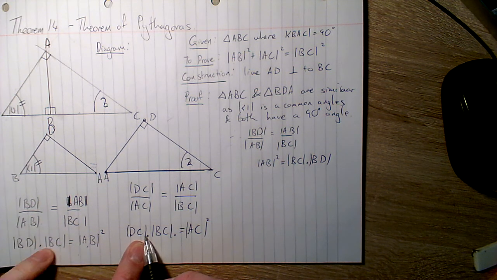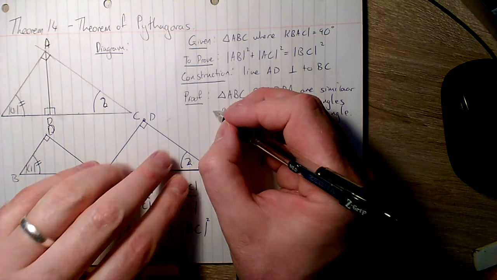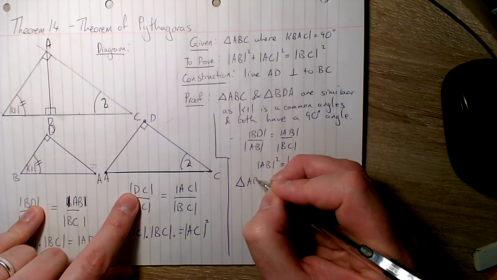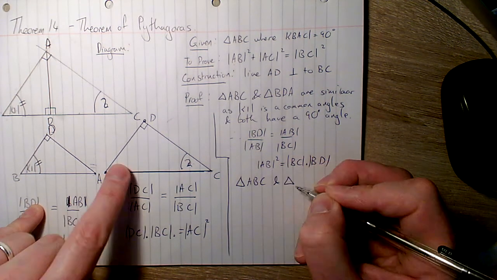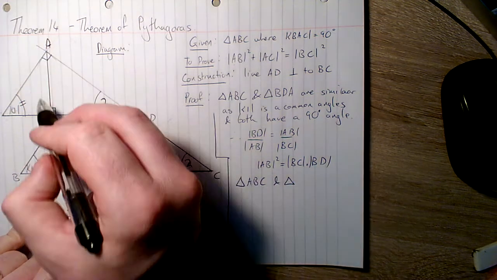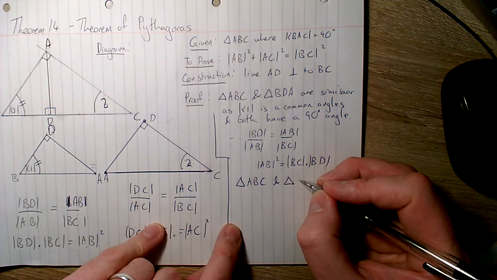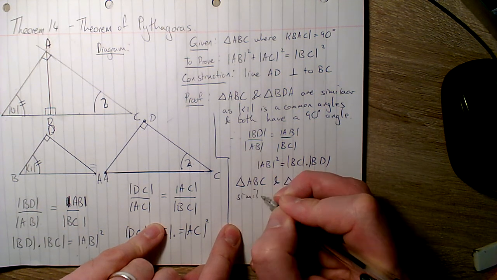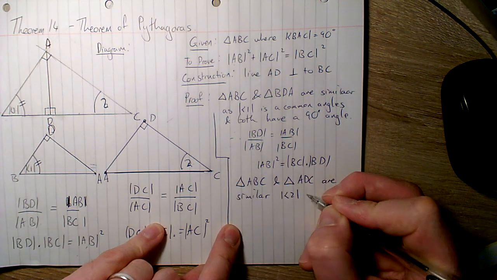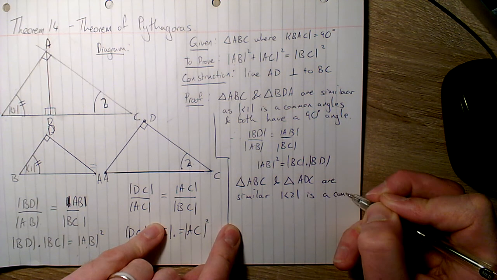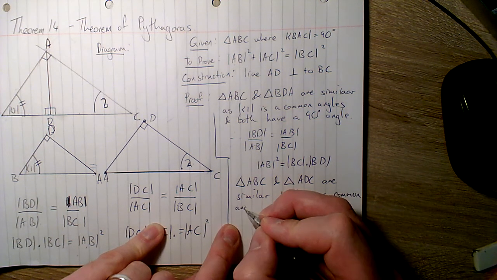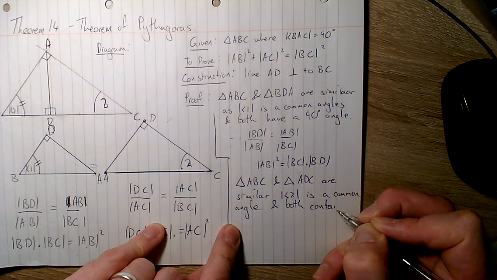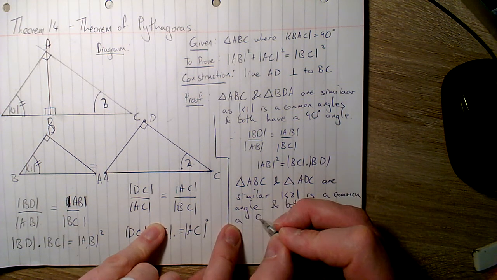A very similar argument gets us to here: that triangles ABC, again the big triangle, and this triangle ADC are similar because angle 2 is a common angle and both contain a 90-degree angle.